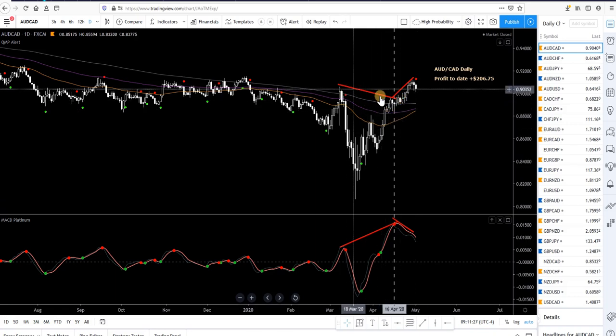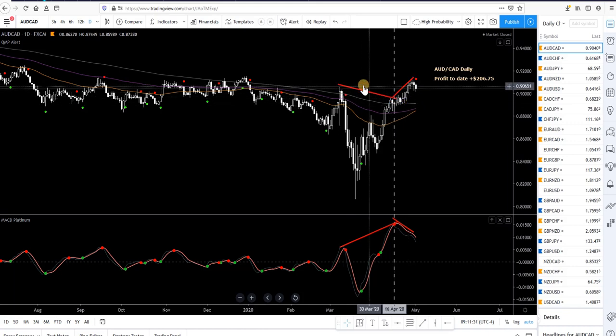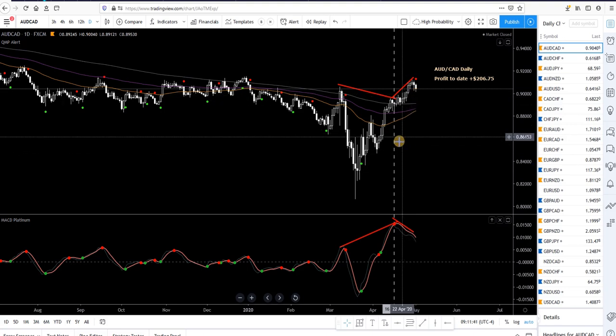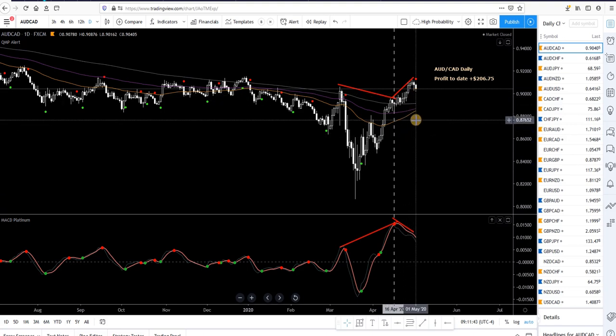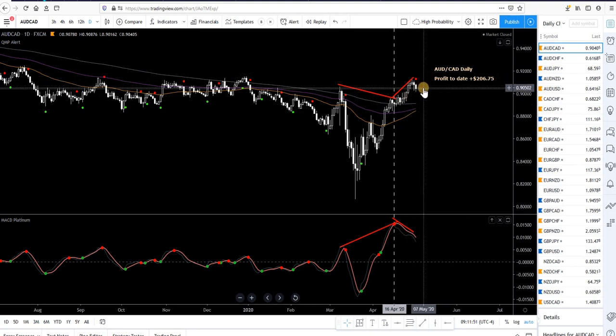Now I've already drawn in hidden bearish divergence across there, and now we've got regular bearish divergence. So that sell trade tomorrow is going to be a trade I'm going to take, unless something drastic happens, like there's a huge gap down or up even. As it stands at the moment, when that new candle opens tomorrow, that'll be a sell trade on the AusCAD.